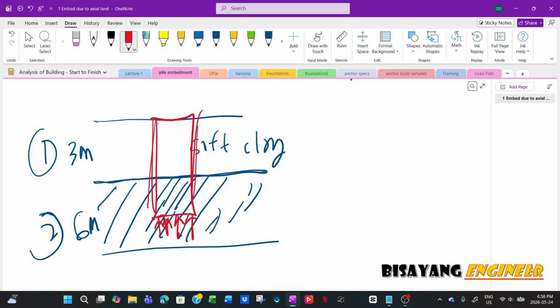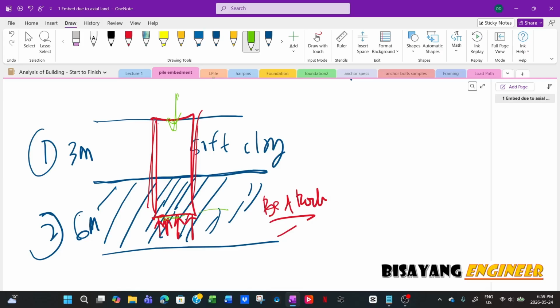Now for bedrock, for example, if this is bedrock and you are using end bearing, if this is just pure bedrock, then all you have to do is basically try to reach the good strata.